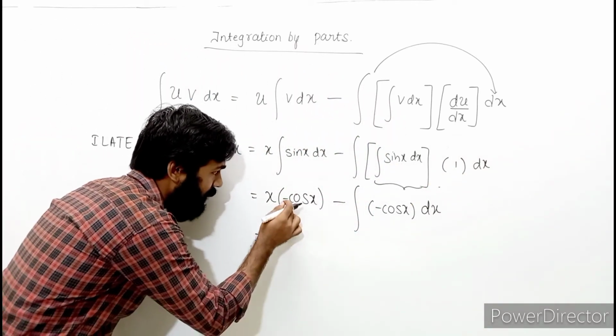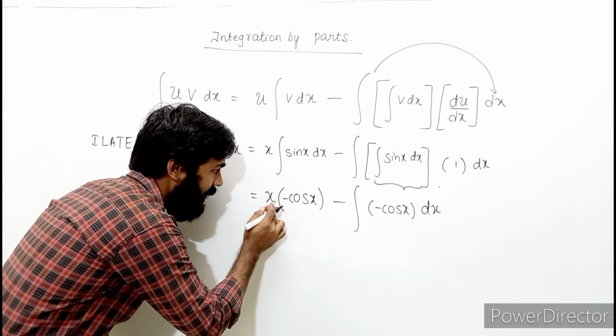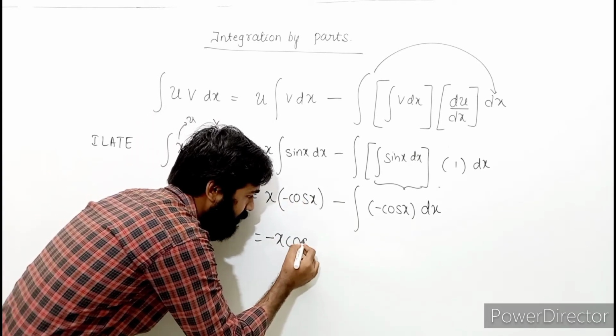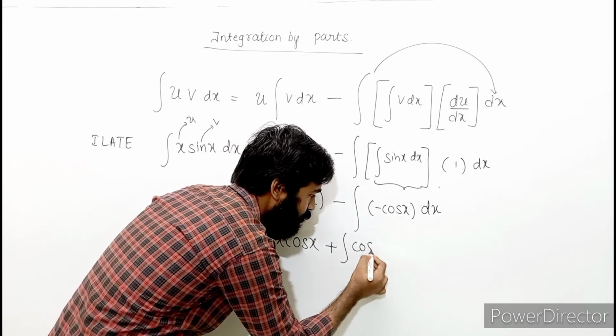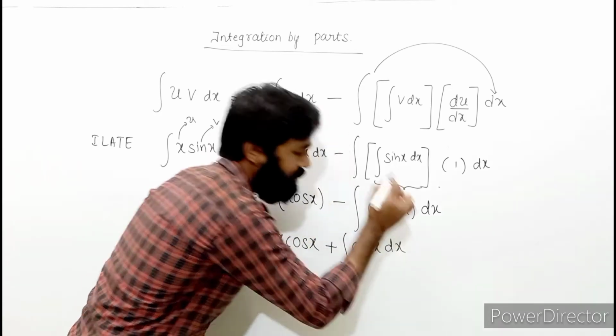Now here you get minus x cos x, and minus into minus gives plus integration of cos x dx.